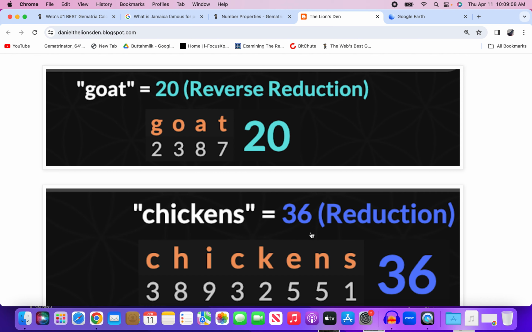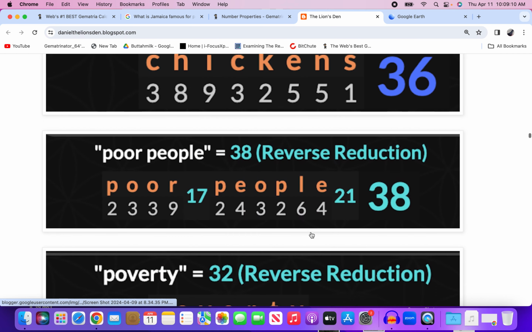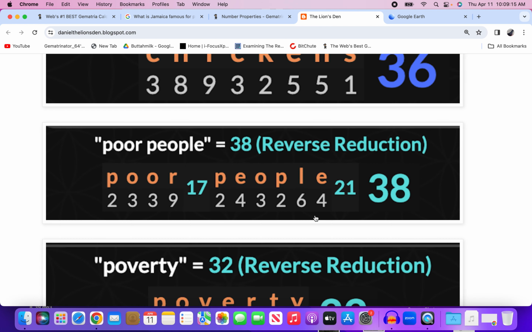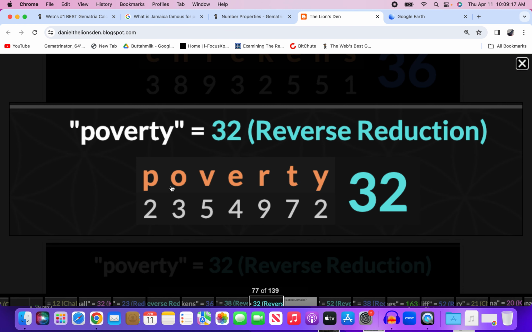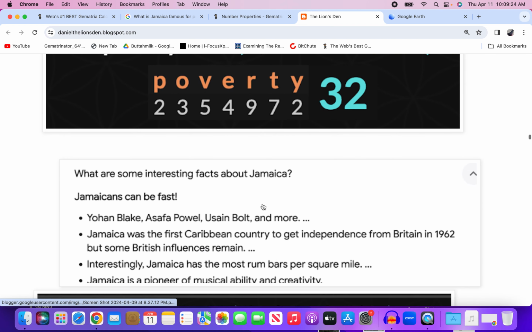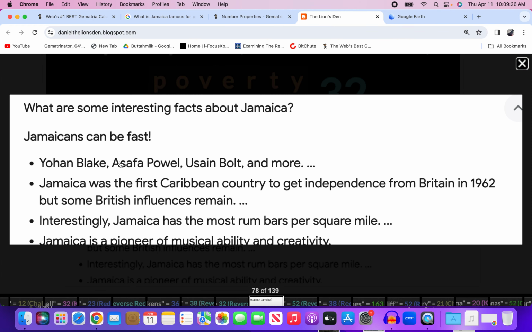Jamaica equals 151, right? And poor people equals 38, just like Jamaica. There's lots of poor people. Poverty, a huge problem, 32. So here's some interesting facts about Jamaica. Jamaicans can be fast.